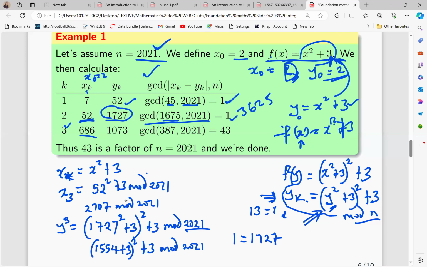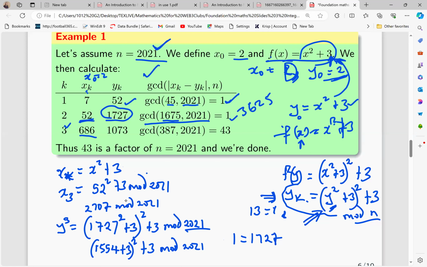When I add 3 to it, I get 1557. Square that. 1557 squared, I get 2,424,249. Add 3 to that result.